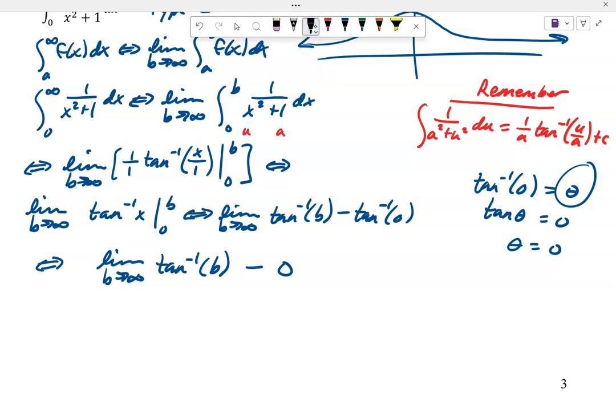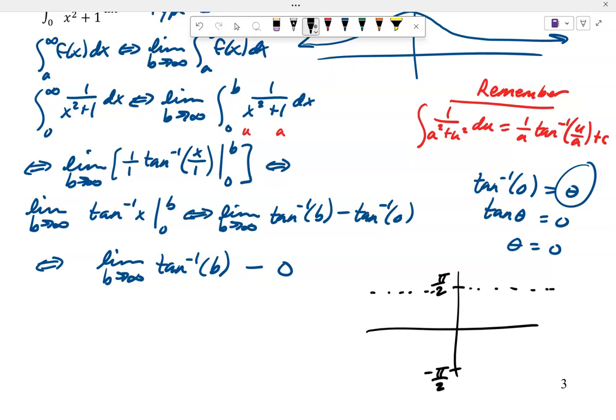And if you think about the graph of the arctangent, remember that's the inverse of the tangent, right? So if you look at the tangent from negative pi halves to pi halves and you flip every xy value around, instead of a vertical asymptote at x being negative pi halves or positive pi halves, you'd have a horizontal asymptote at y equals pi halves.